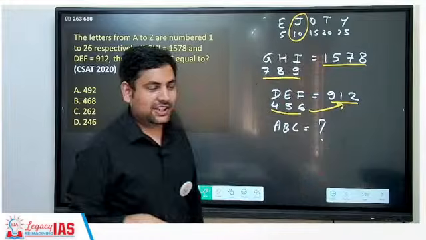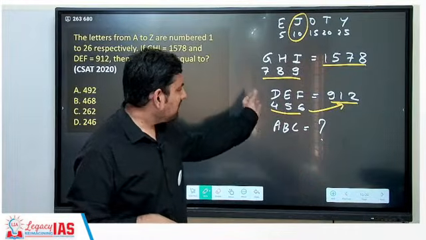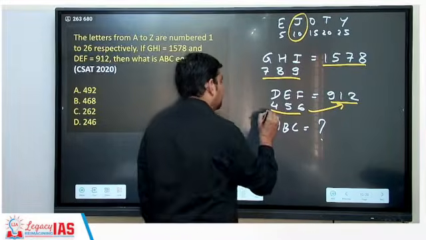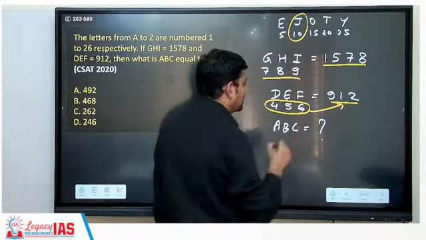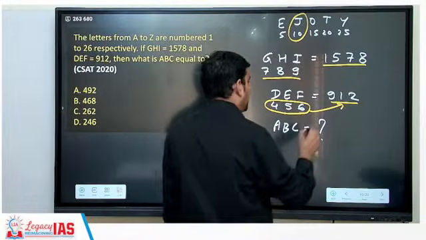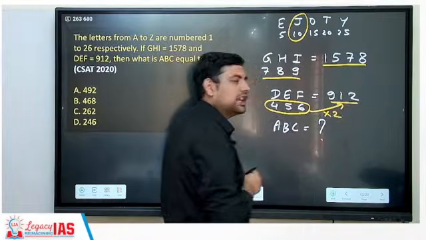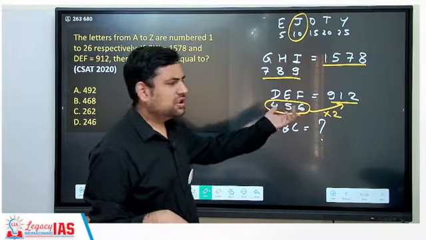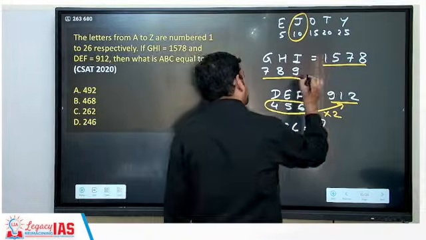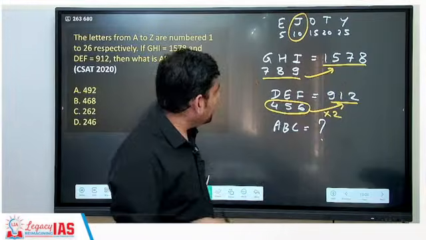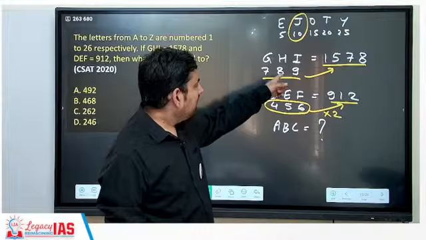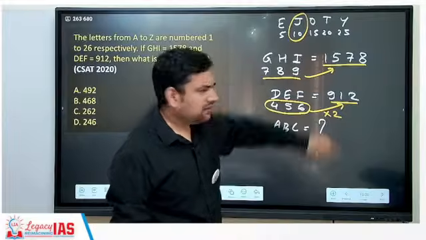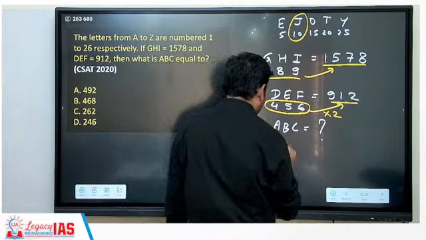If you consider 4, 5, 6 as a single number, 456, and multiply it by 2, you get 912. 450 into 2 is 900, 6 into 2 is 12, so 912. Let's check our hypothesis here also. 789 into 2: 780 into 2 is 1560, and 9 twos are 18. So 1578.